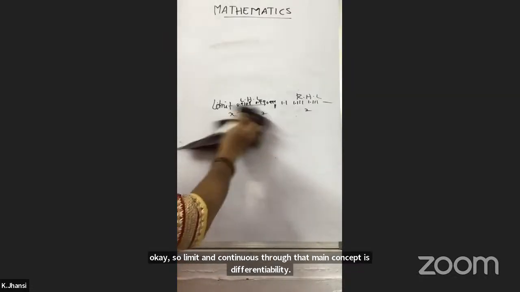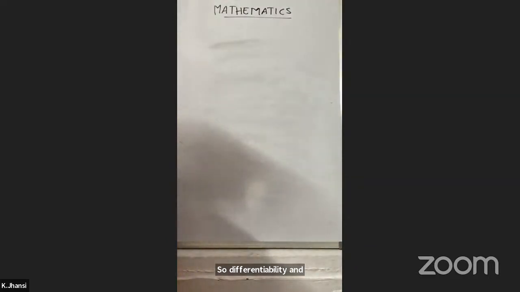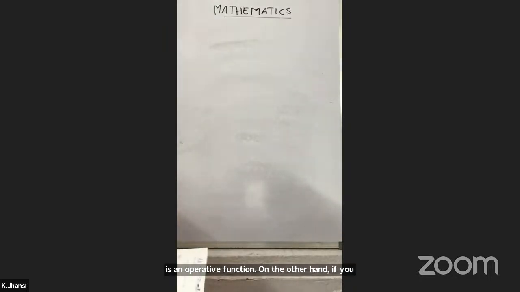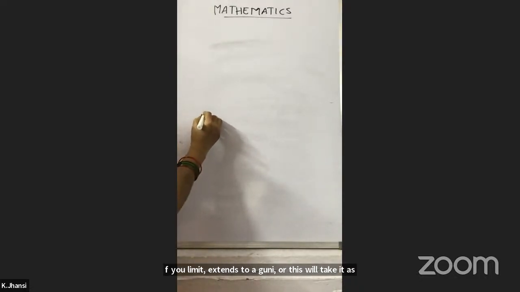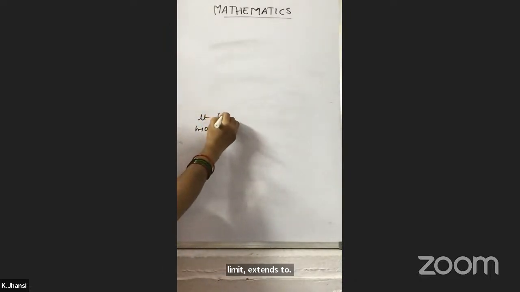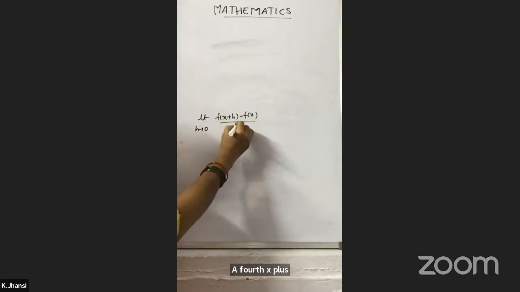So differentiability, what is it? Any one function is there, with limit extends to a, or else we will take it as limit extends to c. We can also write it as limit h tends to 0 of f of x plus h minus f of x by h.